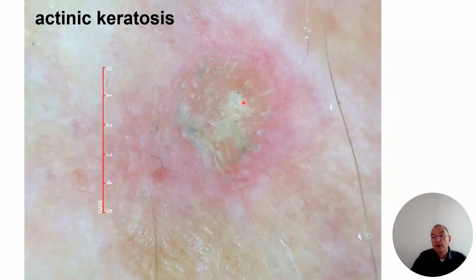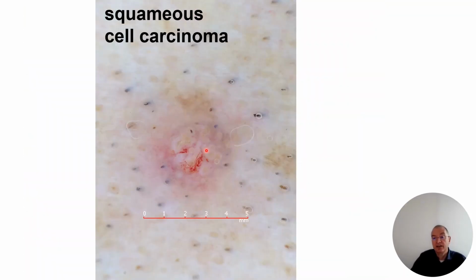Also very important with actinic keratosis, a possible precursor of white skin cancer, of squamous cell carcinoma, we see whitish keratin-associated colors. And also here, whitish colors, and I always like to call these the white donuts. This is a very good clue for squamous cell carcinoma, the SCC.